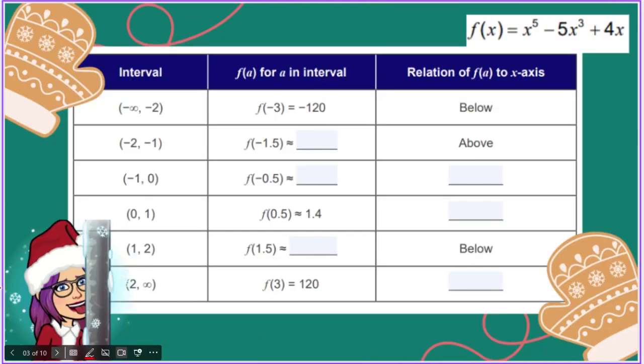All right, so here below we have the equation x to the 5th power minus 5x cubed plus 4x. When we plug our numbers in, we're going to do negative 1.5 to the 5th power minus 5x to the 3rd power plus 4x.